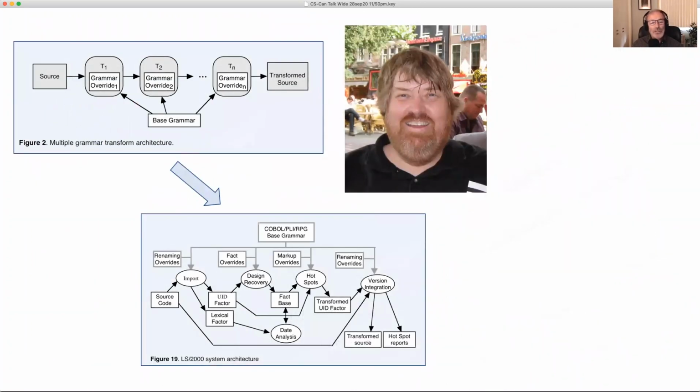I passed it on to my doctoral student, Thomas Dean, after his graduation. He started working with TXL, and he realized that we could do more powerful things by splitting TXL transformations into sequences of transformations.